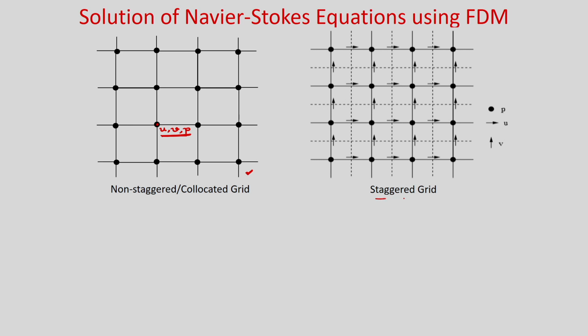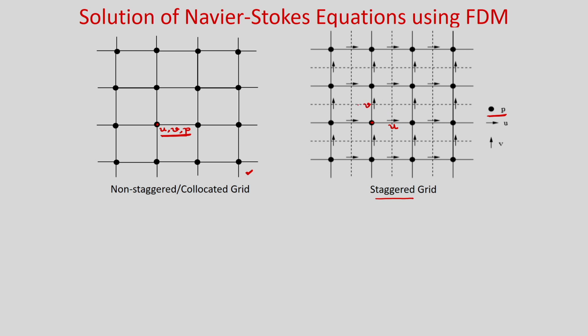In staggered grid you can see this is the main node. We solve the pressure, or any scalar like temperature or species, at this particular node, but we solve the velocities in a staggered way. We solve u here and v here.